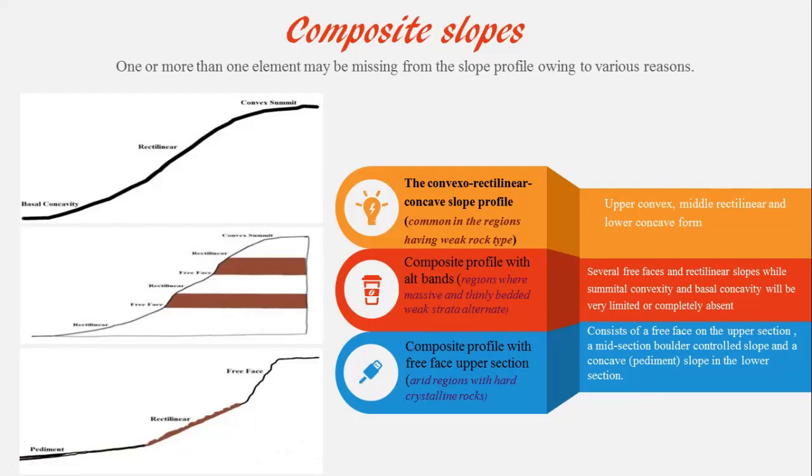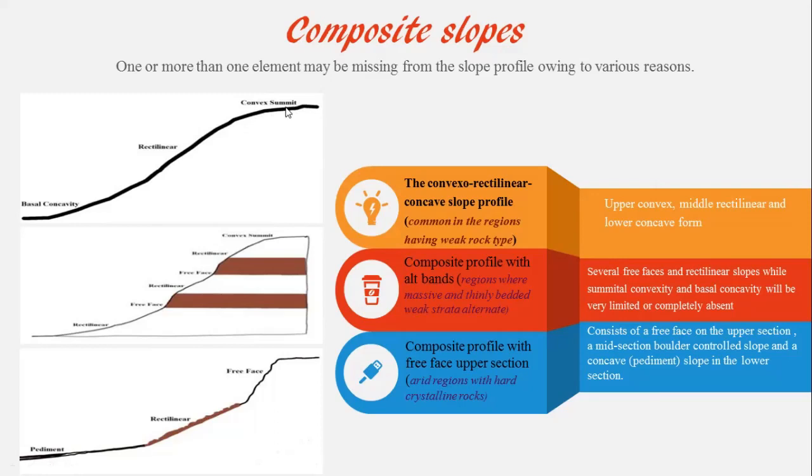And what do we have in place of that? So we have certain composite profiles. Let us see some of them. So the first one is known as the convexo-rectilinear concave slope. So over here in this convexo-rectilinear concave slope, you see there is a convex summit. The summit is convex, as is generally the case, as I have said previously.